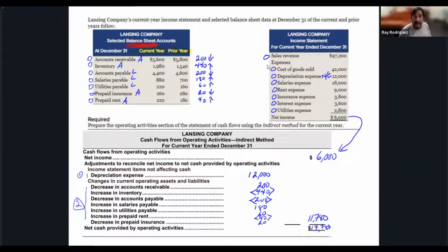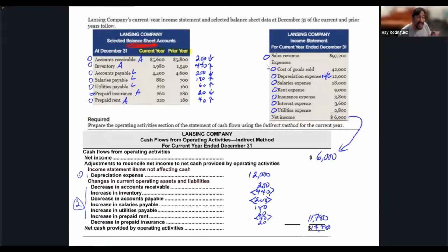Now, we're not given a full balance sheet here. We would need a full balance sheet if we were doing the entire cash flow statement. But since we're doing just the operating activity section, we only need the accounts that are operating accounts. And that is the current assets and the current liabilities.